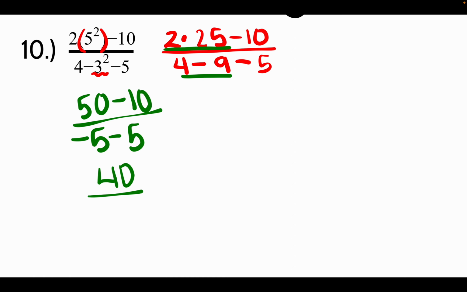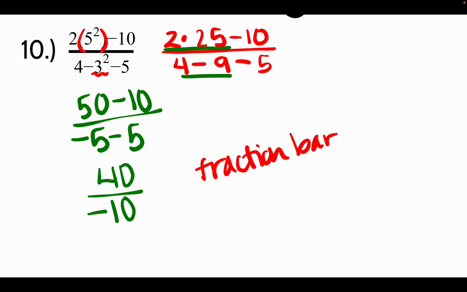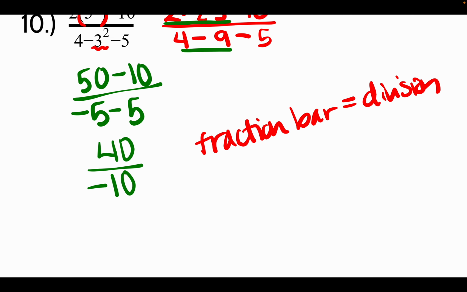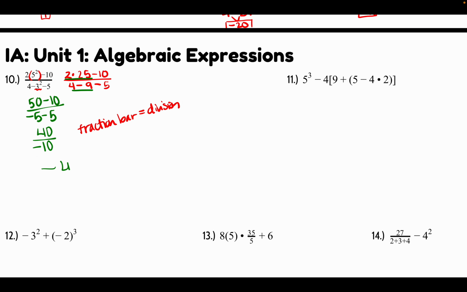On the bottom, we have negative 5 minus 5, that's negative 10. Now, final thing, these fraction bars equal division. So 40 divided by negative 10, that's negative 4.